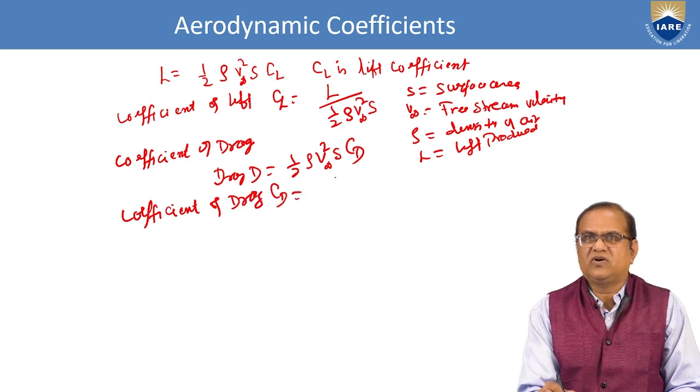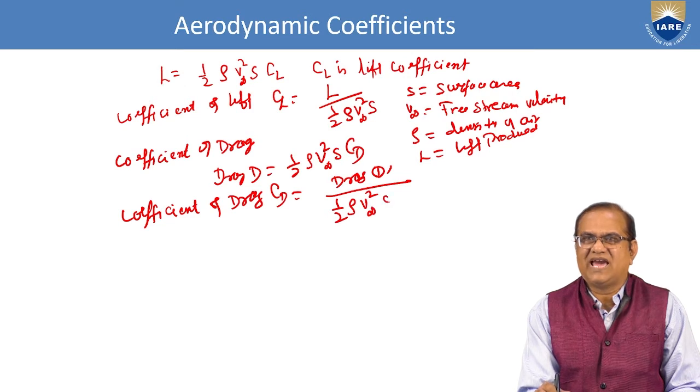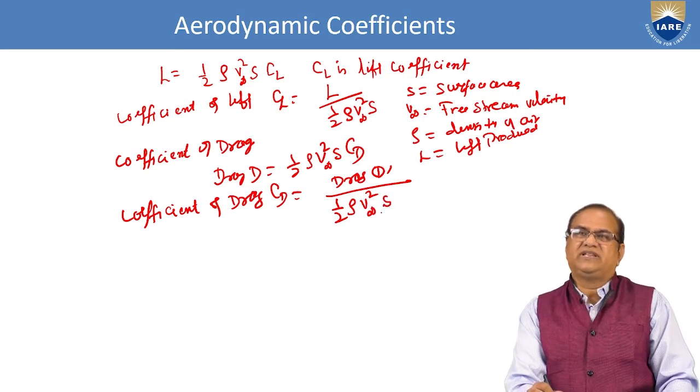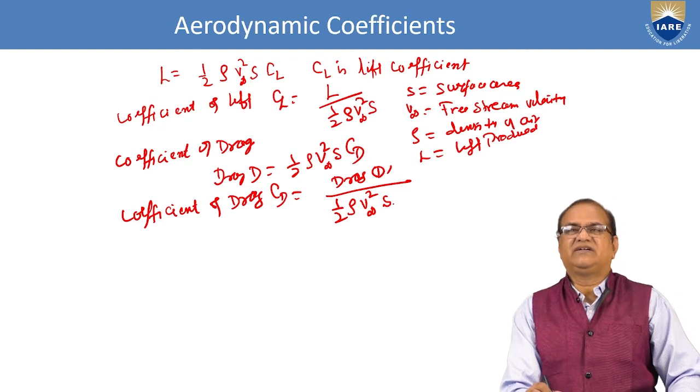Cd is equal to drag D divided by half rho V infinity square S. In this way we can find out the drag.